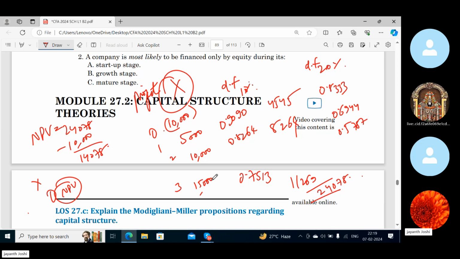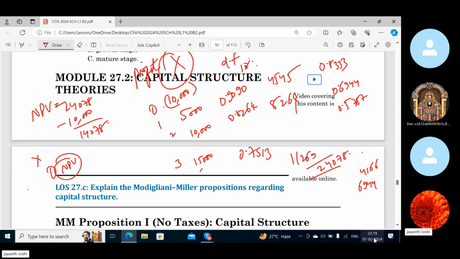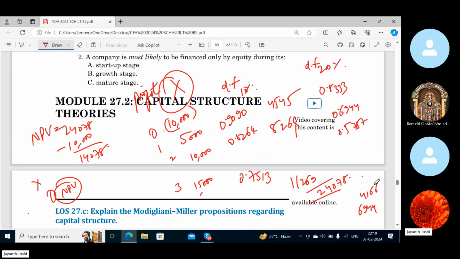Now we'll multiply these cash flows with this. So 5,000 into 0.8333 gives 4166. Then 10,000 into 0.6944 gives 6944. Still there is no scope of getting zero. I will take 30% as my discount factor then, because at 20% I'm not going to get zero NPV.